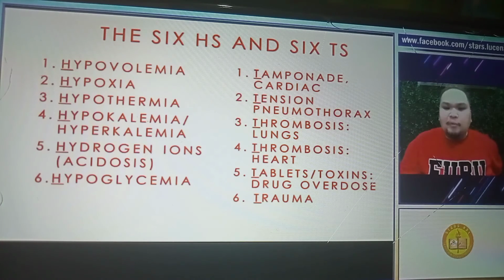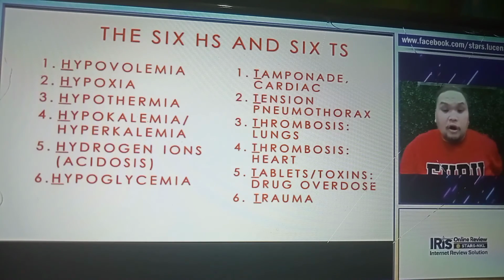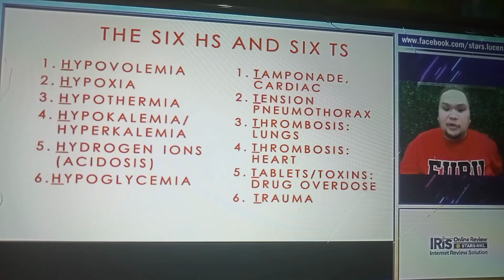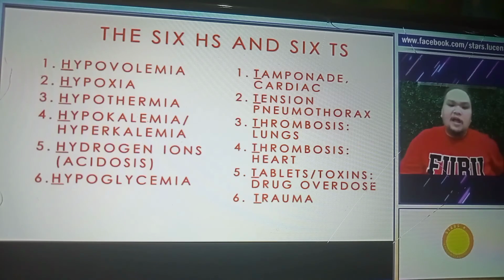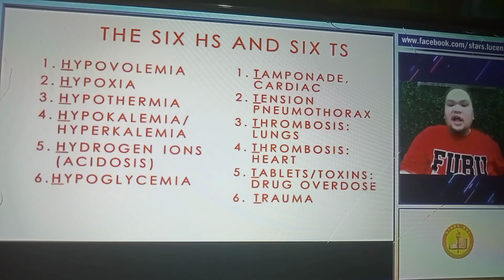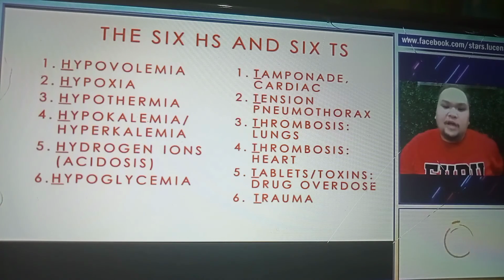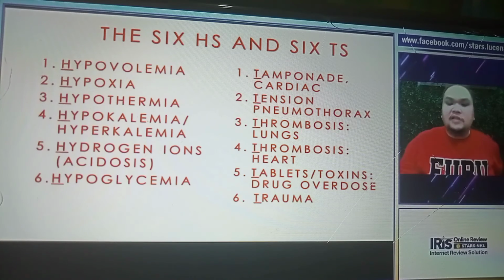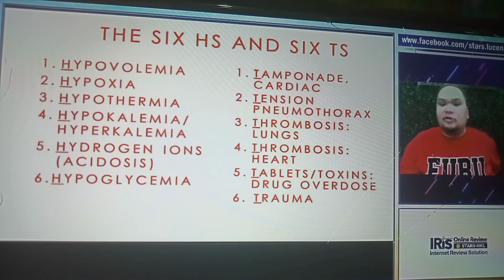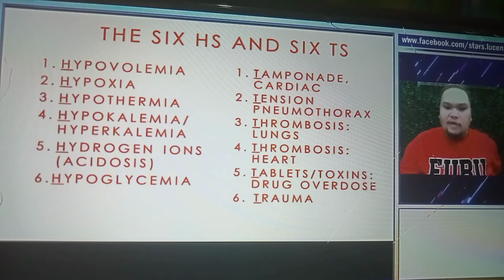Next, you have your tamponade, cardiac tamponade, your tension pneumothorax, you have your thrombosis on your lungs or on your heart, and then you have your tablets or toxins or drug overdose, and then you have your trauma. So again, that's what? Hypovolemia, hypoxia, hypothermia, hyperkalemia, hydrogen ion acidosis, hypoglycemia, cardiac tamponade, tension pneumothorax, thrombosis, either on the heart and the lungs, and then you have your tablets or your toxins, and then your trauma.